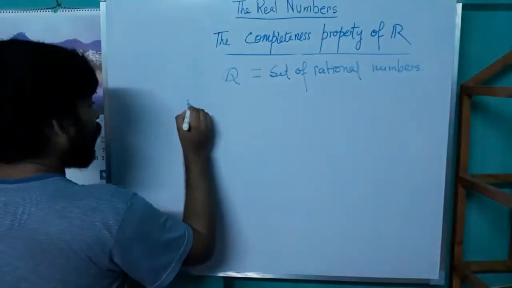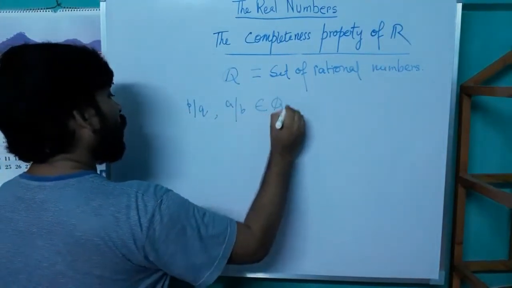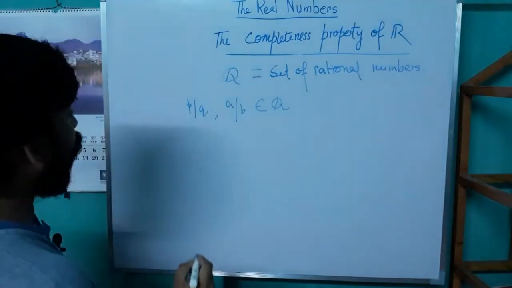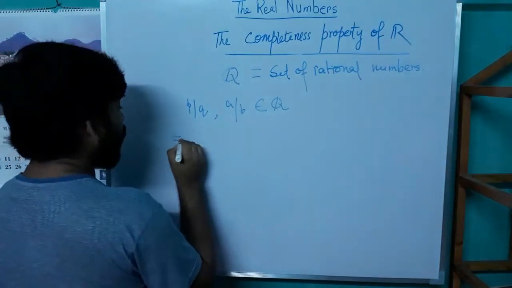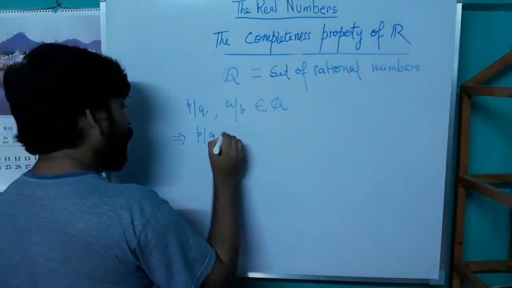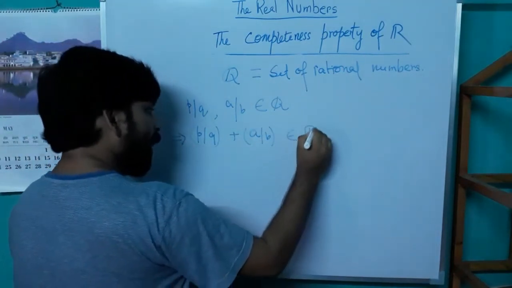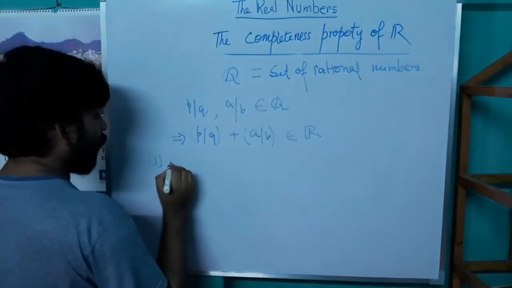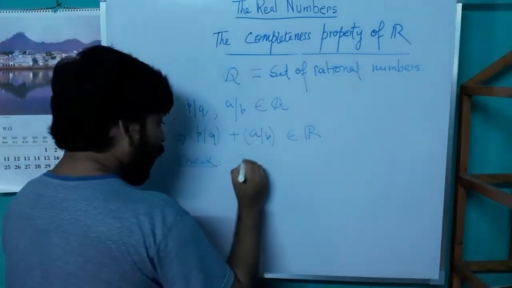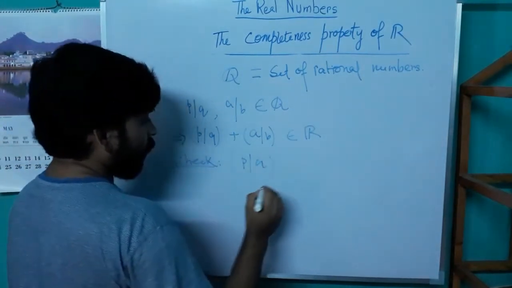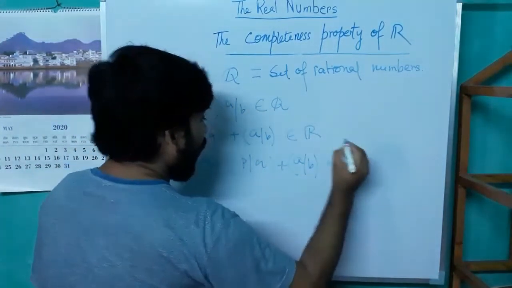Now, if we take two elements from the set of rational numbers, then obviously these two are real numbers. This implies the sum of these two elements is a real number, but it is easy to check that the sum of these two numbers is also a rational number.